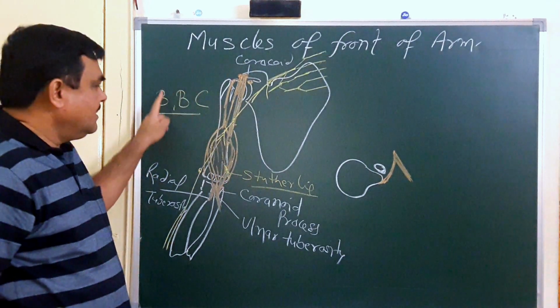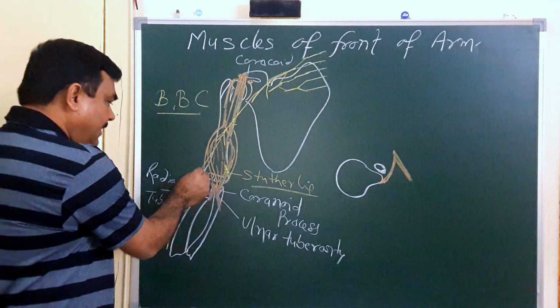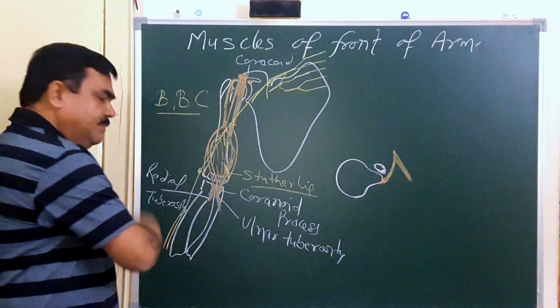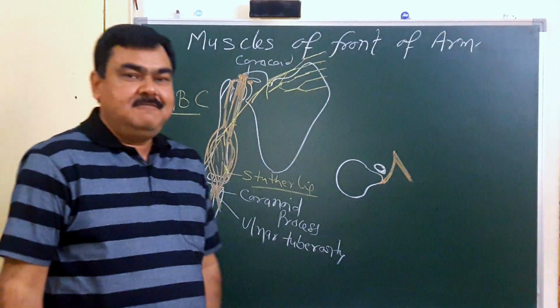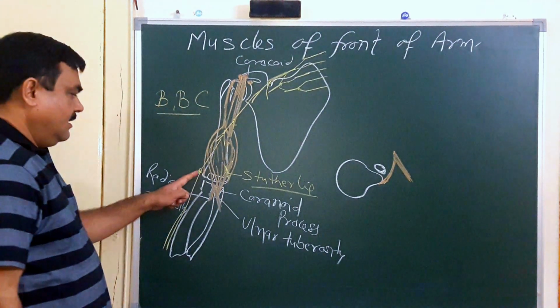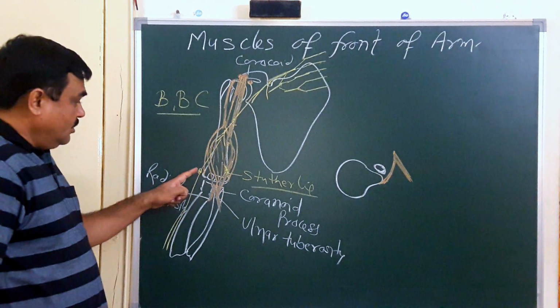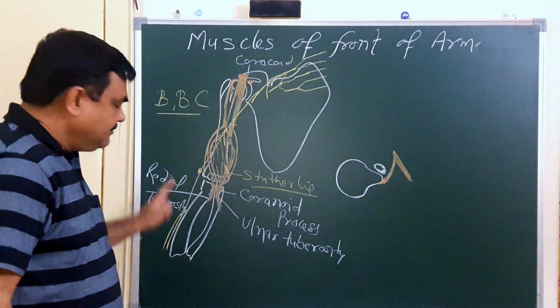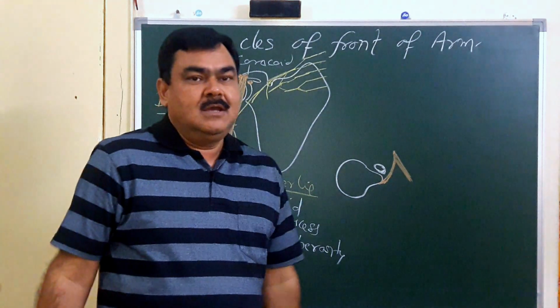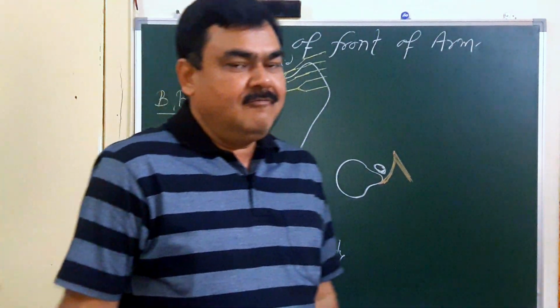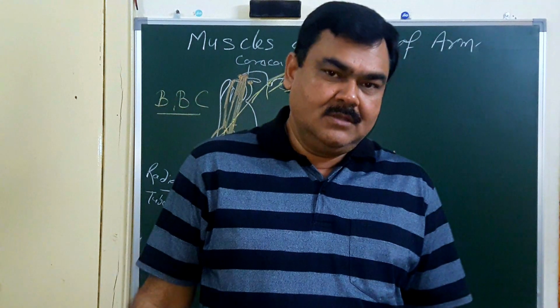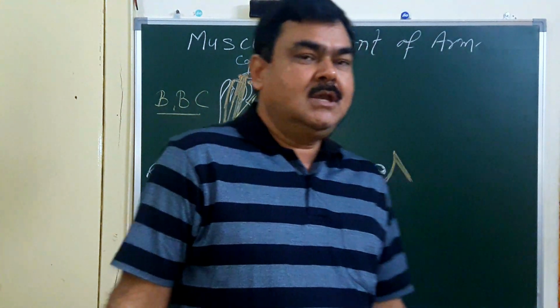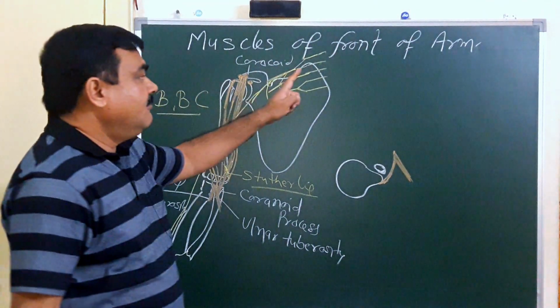These three muscles are supplied by this, and here it pierces the deep fascia and passes into the superficial fascia and continues as the lateral cutaneous nerve of the forearm. So this is all about the muscles of the front of the arm.